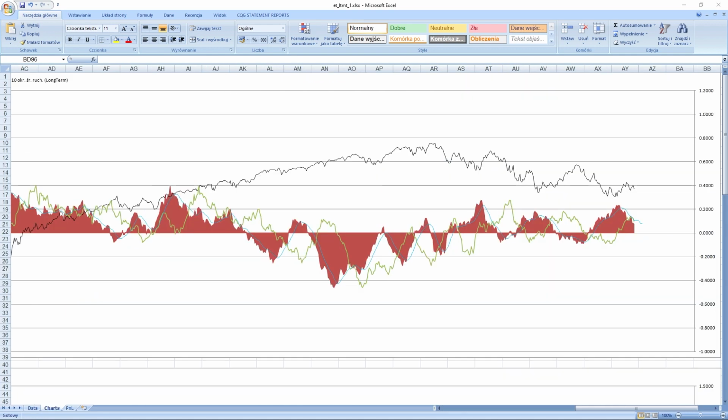One more thing I wanted to add before I move on to the data itself. The moment I started looking into the options data was about 2016, 15, maybe end of 15. And nowadays you will see a lot of software, a lot of people, a lot of analysts are into the options data.